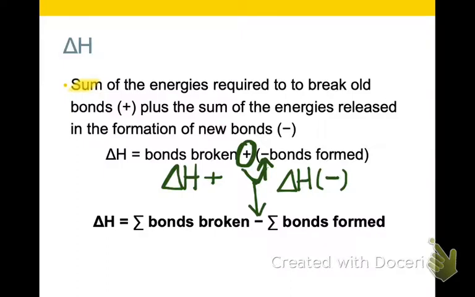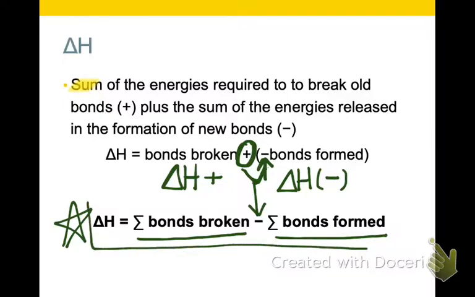So what you can do is take the sum of the bonds broken and just subtract it from the sum of the bonds that are formed, and you can use this equation. And I don't know that that was really shown in the POGL that you did, so I just wanted to bring that to your attention, that you can use this particular equation for that.